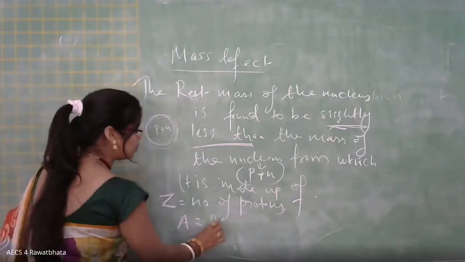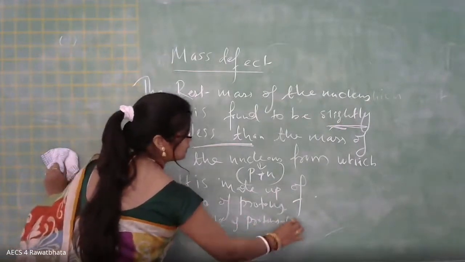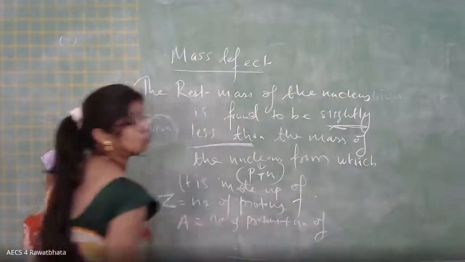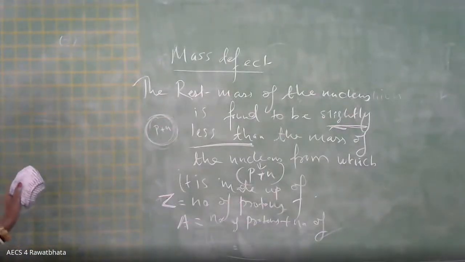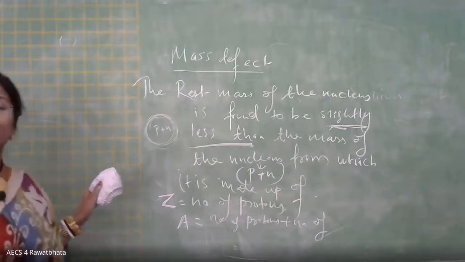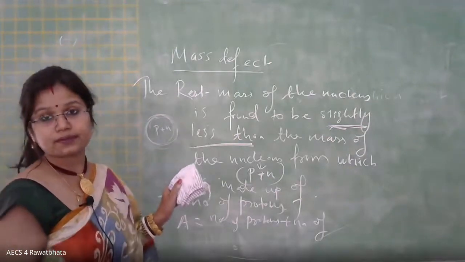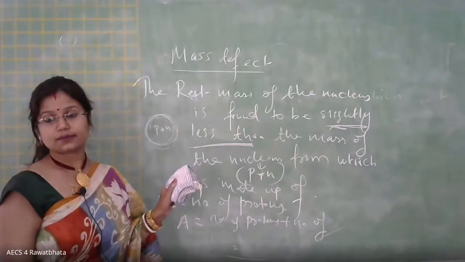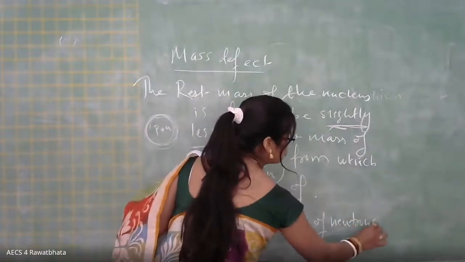So it will be the number of protons plus the number of neutrons. Mass number is the number of protons plus the number of neutrons. Yes, dear. Good.